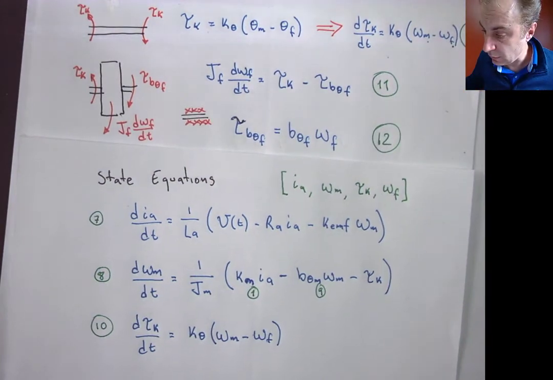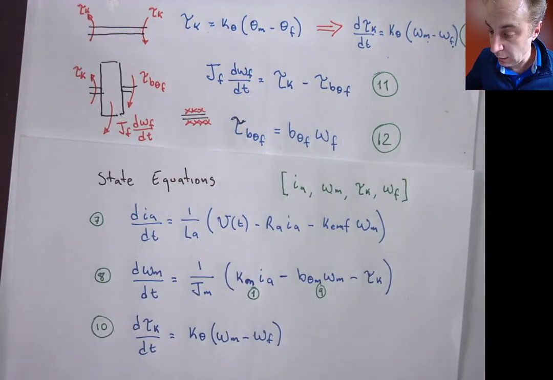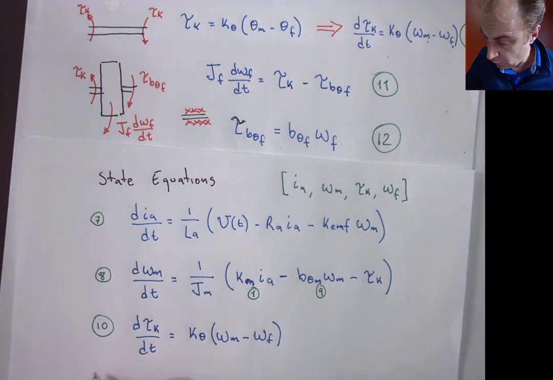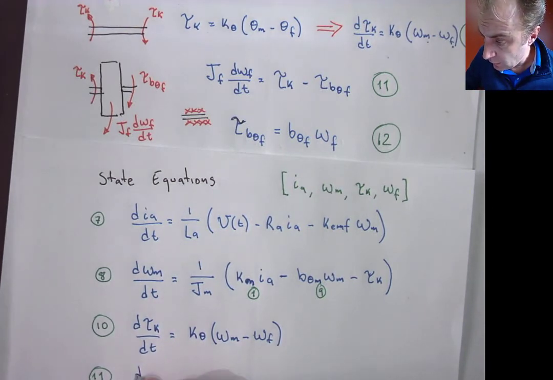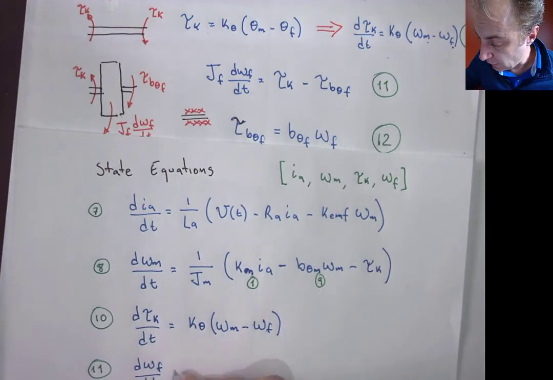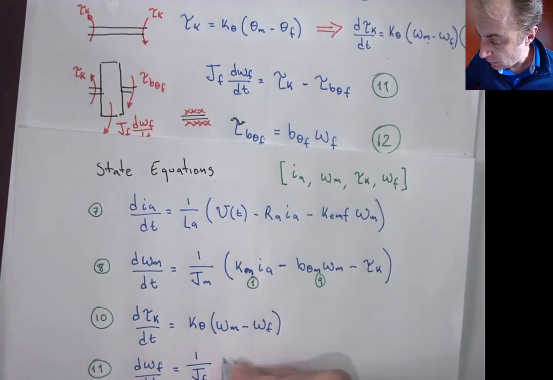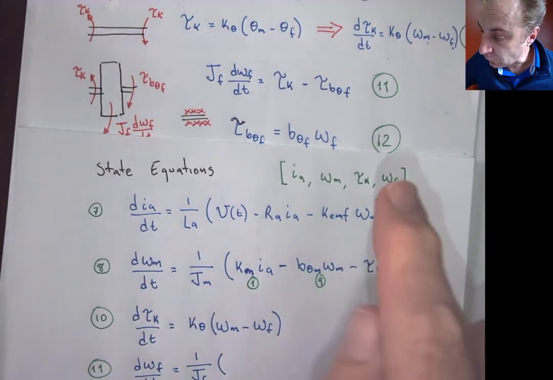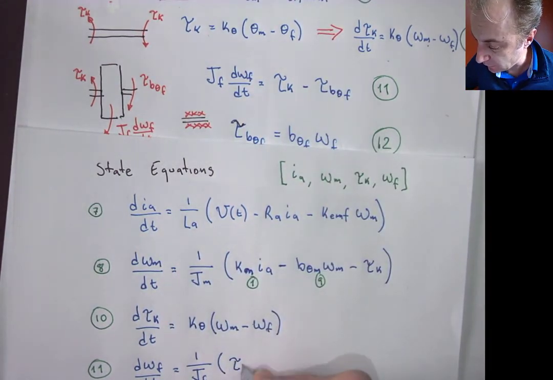Okay, and the last state equation is going to come from Newton's second law for the other inertia element. So this is going to be equation 11. And what we have is dω_f/dt. It's going to be equal to 1 over J_f that multiplies τ_k, and τ_k is one of the state variables, so that's fine.